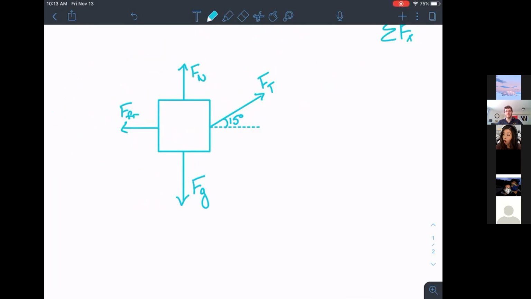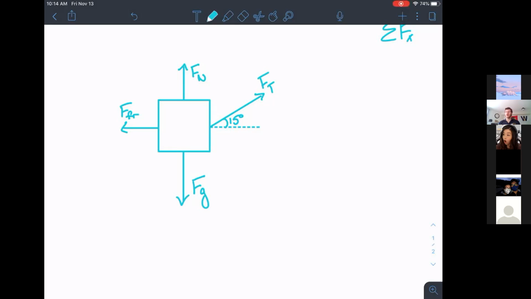Tension and friction. All right, I heard tension and friction. Diana, what'd you say? I just said friction, because tension is going in the y direction too. All right, I like both of those statements. So tension and friction, but tension is also going in that y direction.